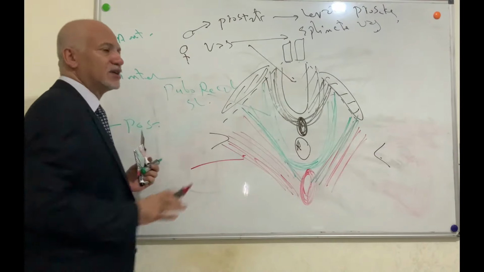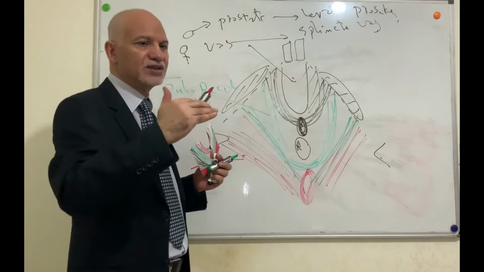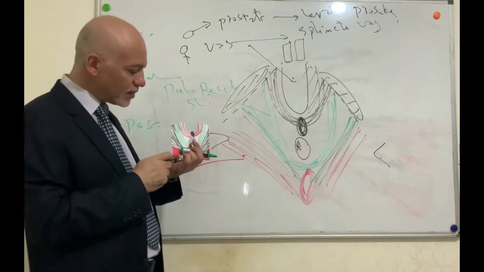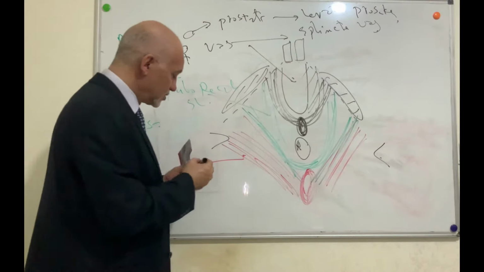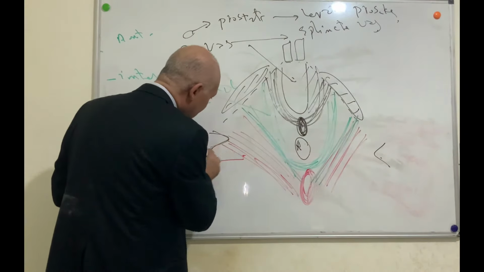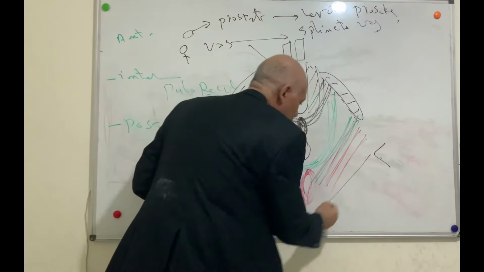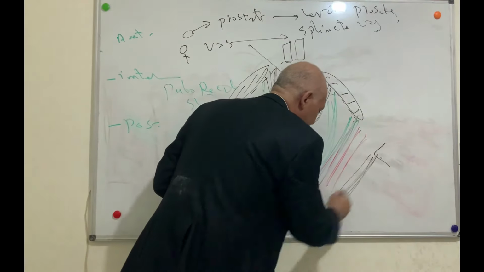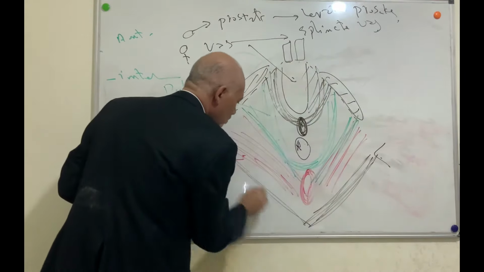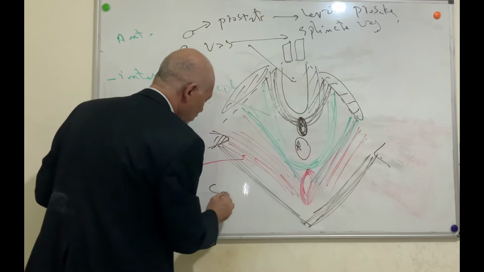This is the levator ani, formed of three parts: anterior, intermediate, and posterior. Another muscle present posteriorly, from the ischial spine to the tip of the sacrum, is called coccygeus.